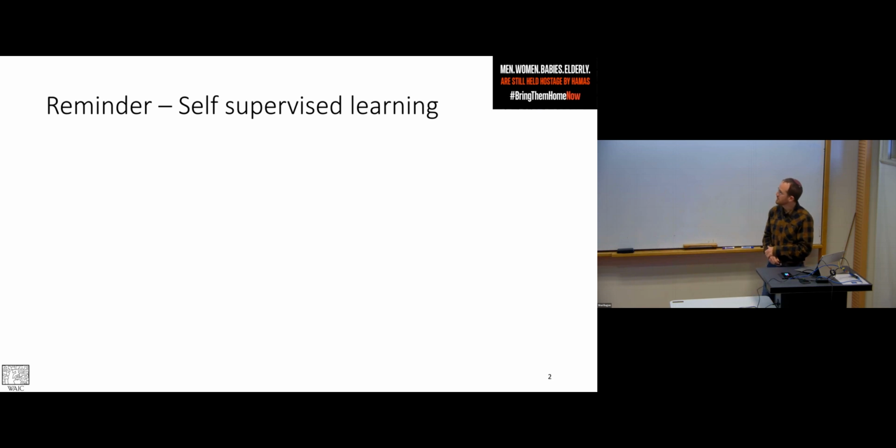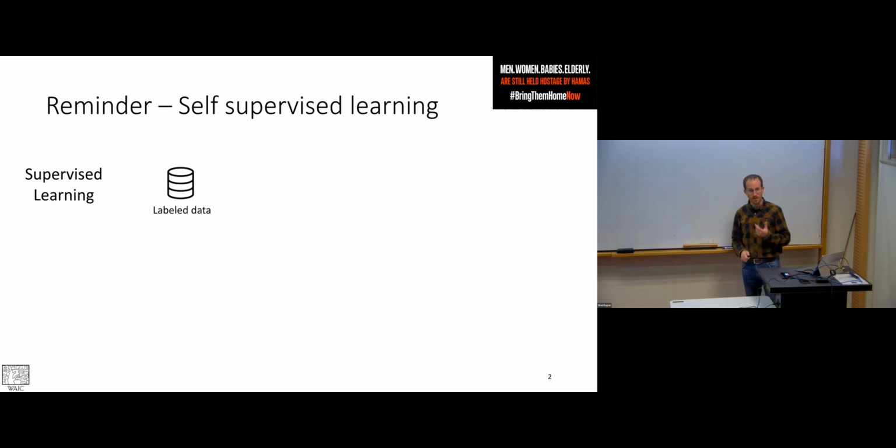So just a reminder, in supervised learning, we have labeled data, which is usually hard to come by because labeling is a very tedious task and requires some expert knowledge. And we train the supervised model based on the labeled data.